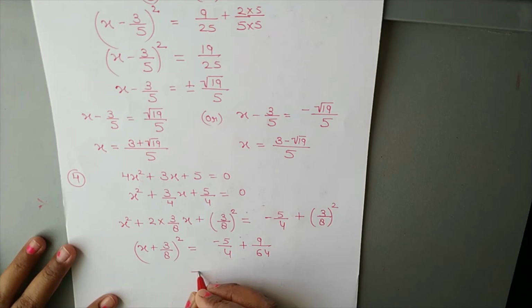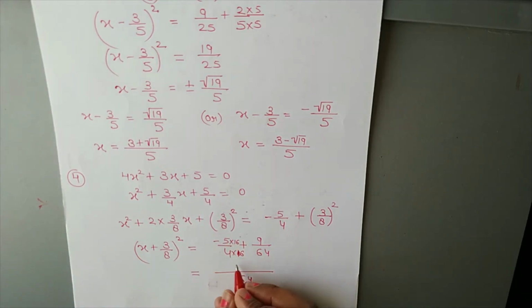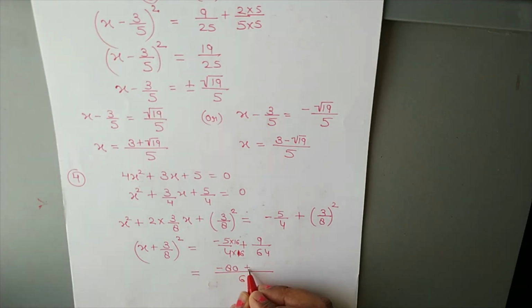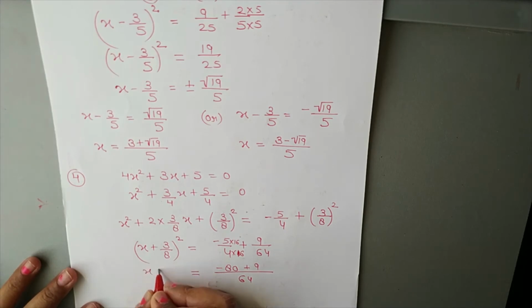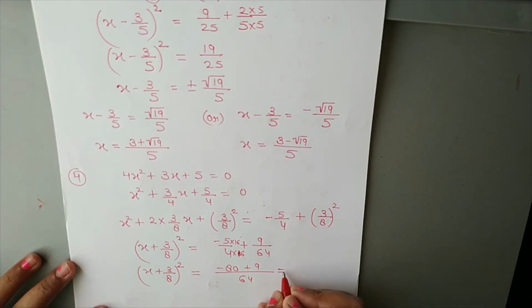Now take LCM, so it will be 64, so 8 16s are 128... then plus 9, so it will be x plus 3 upon 8 whole square, this implies minus 71 upon 64.